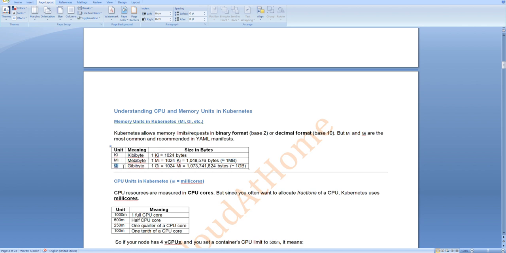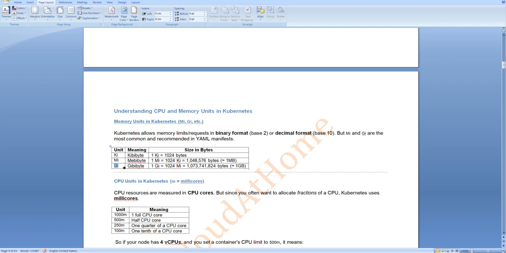Okay, similarly 1 Gi, that is gibibyte. 1 Gi is equal to 1024 Mi, which is roughly 1073741824 bytes, which is close to 1 gigabyte as well. Okay, so in short, you can say 1 Gi and 1 gigabyte are quite equivalent or the same.